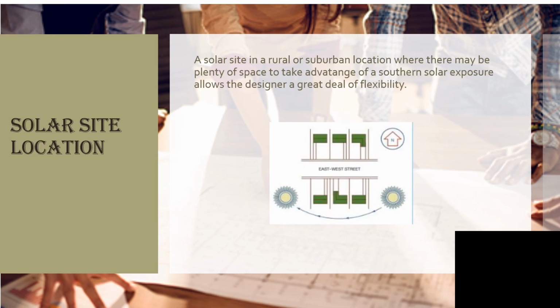Solar site location. A solar site in a rural or suburban location, where there may be plenty of space to take advantage of a southern solar exposure, allows the designer a great deal of flexibility. Some other factors, however, can be considered when selecting an urban solar site.